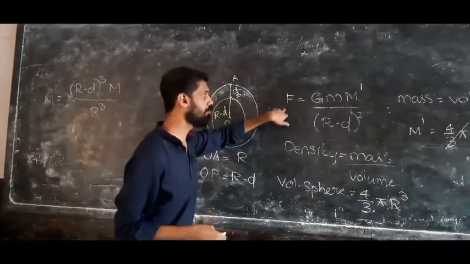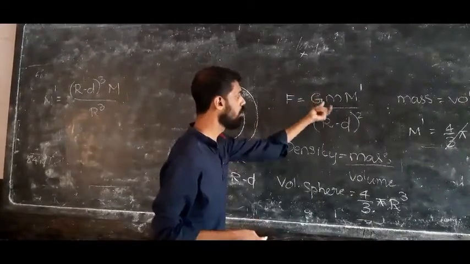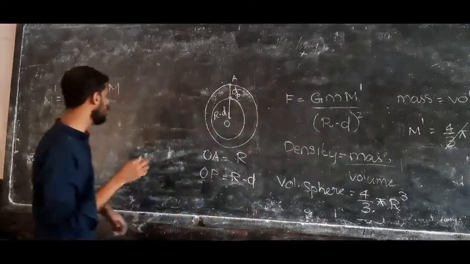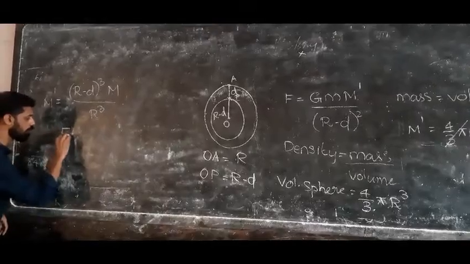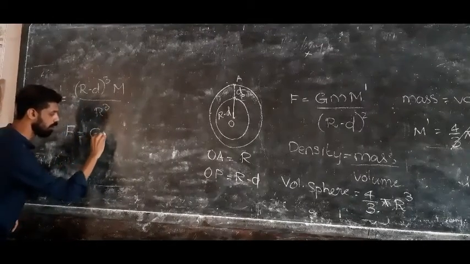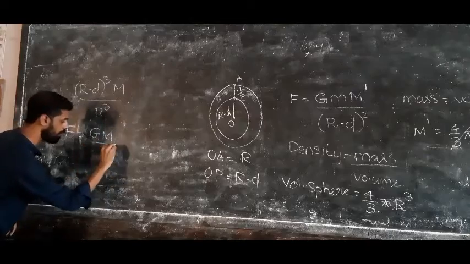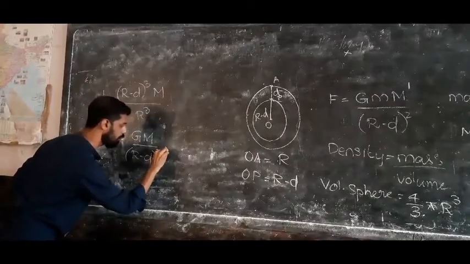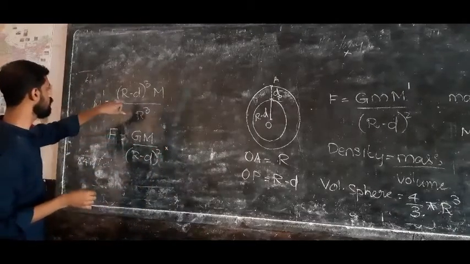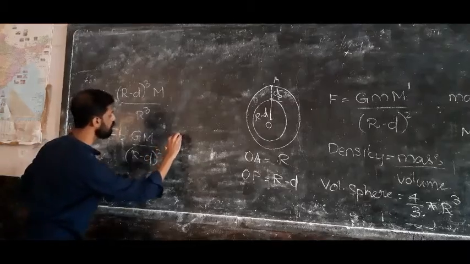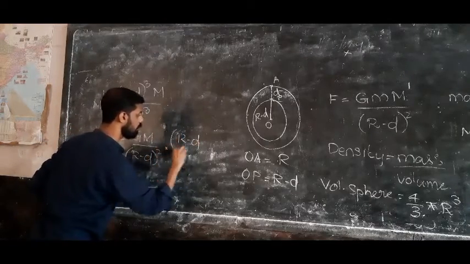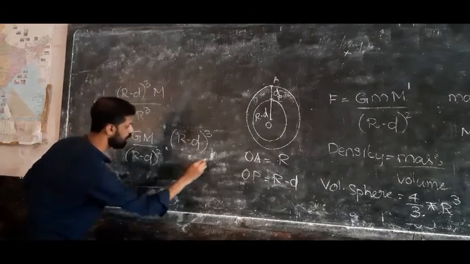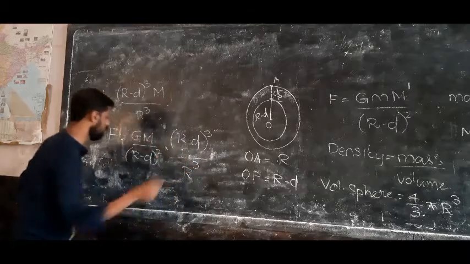Now we are going to substitute this value in the equation F equals G m m dash divided by (r minus d) square. So F equals G m divided by (r minus d) square into m dash, and the m dash value is (r minus d) cube divided by r cube.